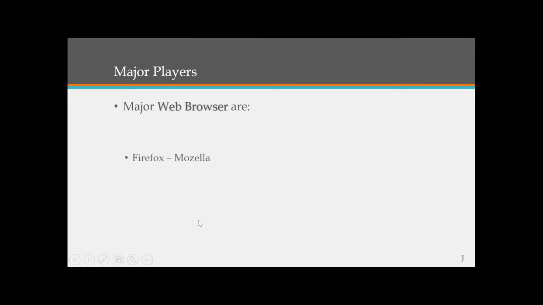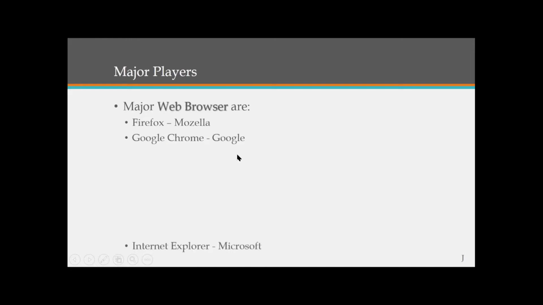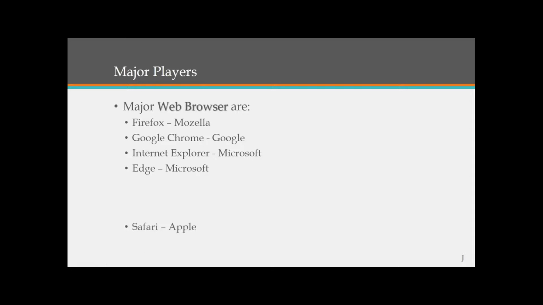Major players in the web browsers are, I just talked about search engine. Major players in the web browsers are Firefox, Mozilla, Google Chrome, not to be confused with Google search engine, Internet Explorer from Microsoft, Edge from Microsoft. Edge is the Windows 10 version of Microsoft's browser.